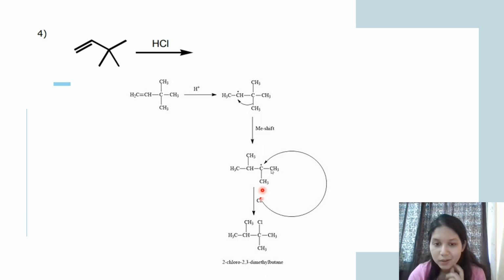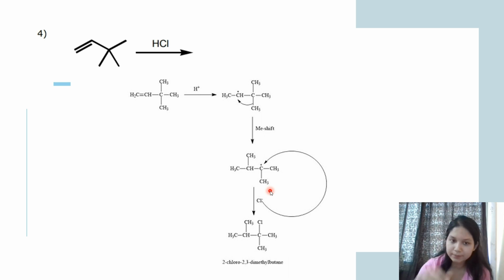Although you get this secondary carbocation primarily, the chloride anion will not attack at this carbon first, because right after formation of the secondary carbocation, as soon as possible, one methyl will shift from this carbon to here to give you this more stable carbocation.